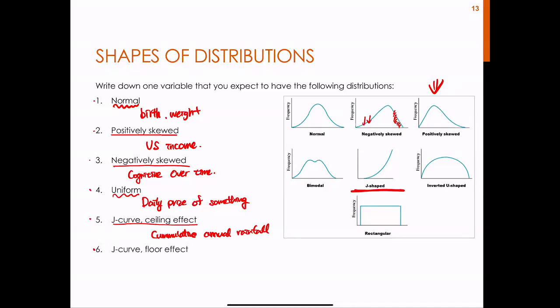Which one gradually and continuously decreases? Maybe car price depreciation. We would like to have a uniform distribution for this variable, but unfortunately, this price continuously decreases. So those are really good examples for each different kind of distribution.